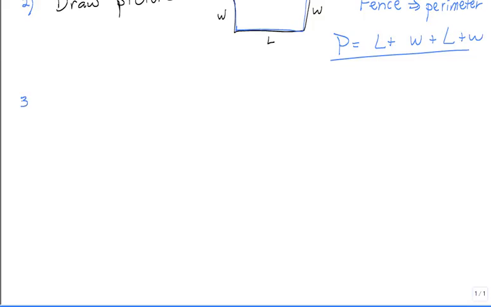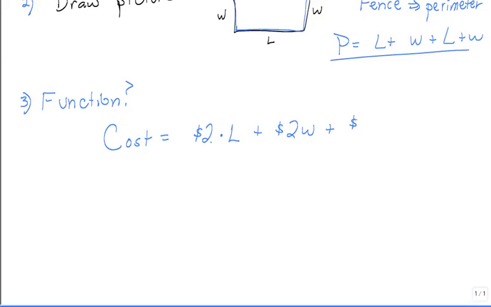So now we're going to add the cost to it. Let's get our function. We have cost is equal to $2 per foot times the number of feet, we'll say L, plus we'll say the first three are $2. Again, it doesn't matter which one you make, 2 or 6, it's going to all work out in the end. To add cost, you just multiply the cost times the length.